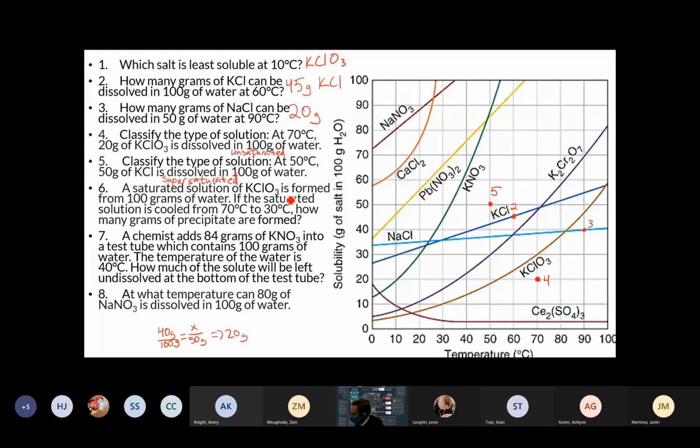So if we just look at the change in solubility, we can see how much drops out. 30 minus 10 is minus 20 grams per 100 grams. So 20 grams is going to fall out. Oh, and I should label this number 6.